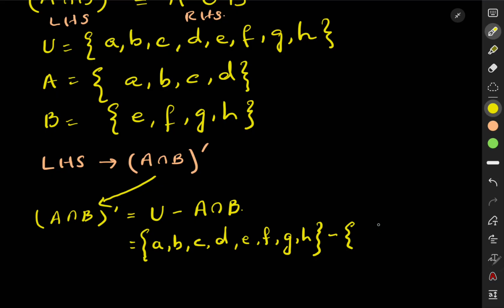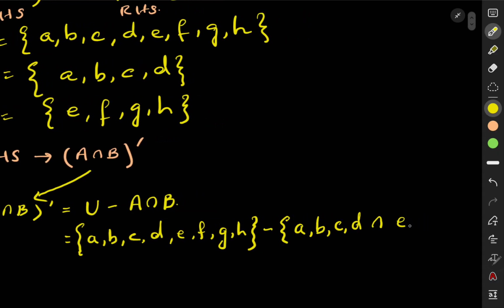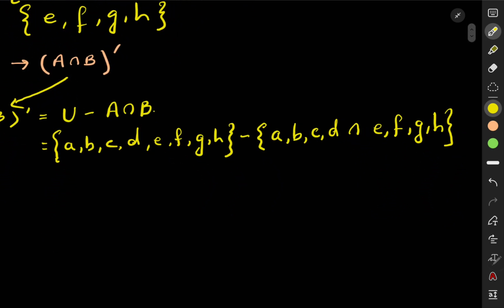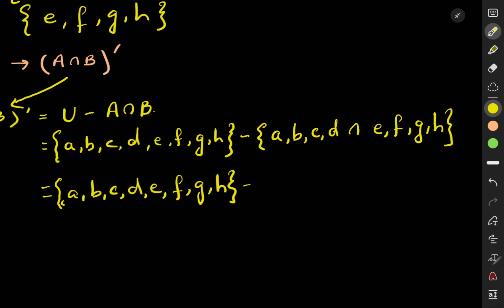The members of A set are A, B, C, and D. Intersection members of B are E, F, G, and H. Now in second step, we write the members of U as it is, that is A, B, C, D, E, F, G, and H. And here the members of A and B, because there is intersection, so we take common between these two members.